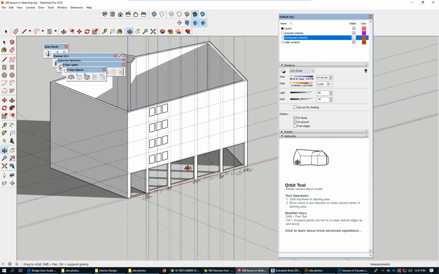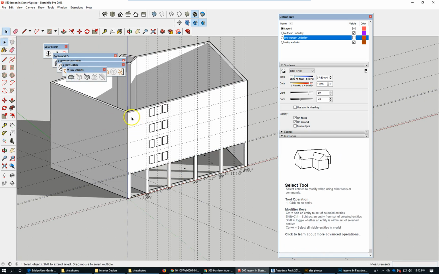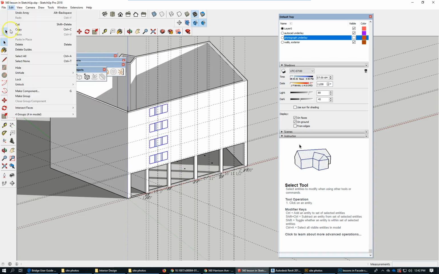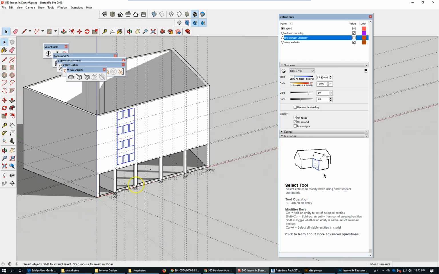So we're starting to see how we could distribute the windows. Now we could take that result and make all this a group, and then replicate that horizontally, right?